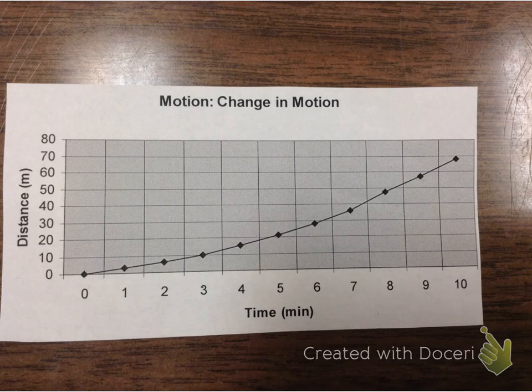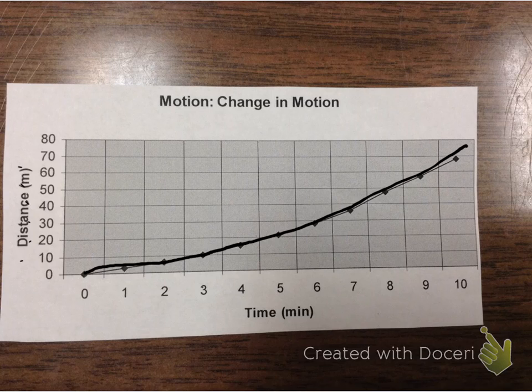Let's take a look at this one. These are in increments of 10 meters. So they went about 3 meters in 1 second, and then up to 9 in 2 seconds. And then you can see they didn't continue. It's not a straight line.